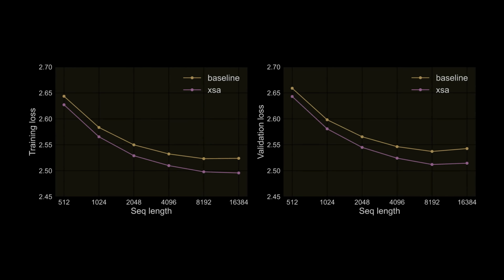Furthermore, as we increase the sequence length from 512 tokens to 1024, 2048, all the way up to 16,000, the gap between XSA and the baseline grows larger. Think about why this should be true. The whole point of XSA is to help the attention layer focus on contextual information from other tokens.